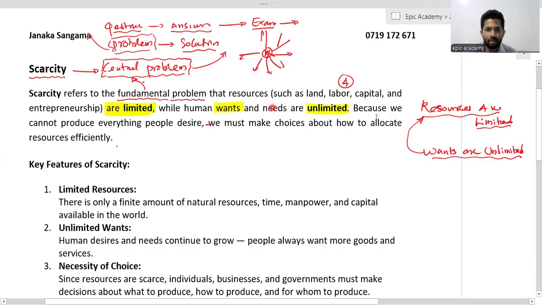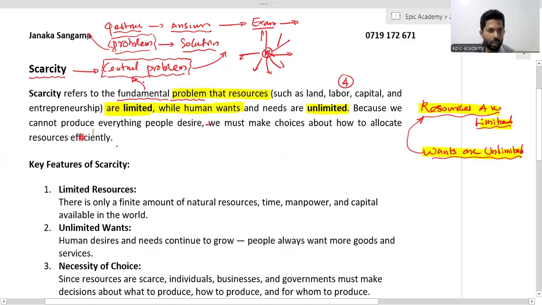In here, you can identify this is a problem: resources are limited while human wants are unlimited. This is the combination, and this is the situation we express as scarcity.